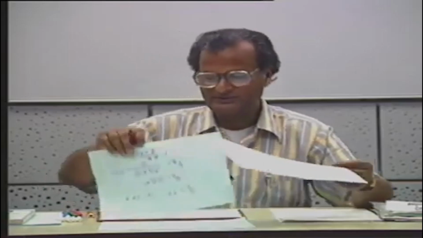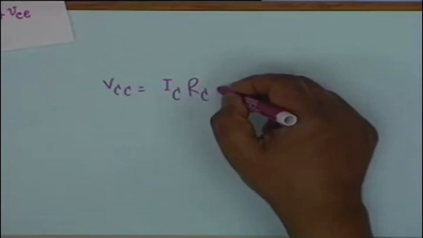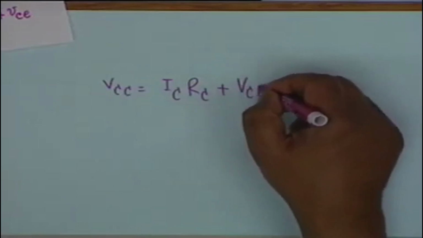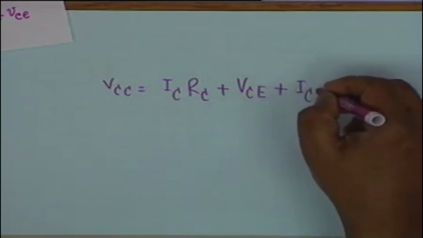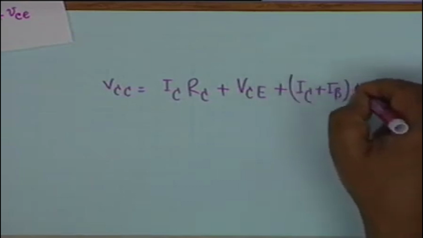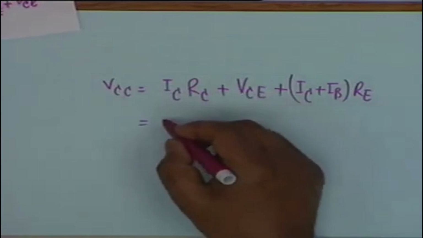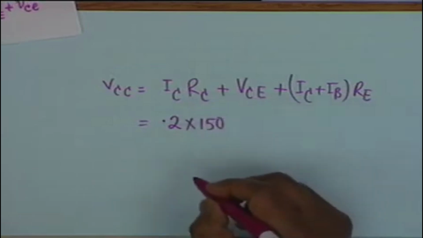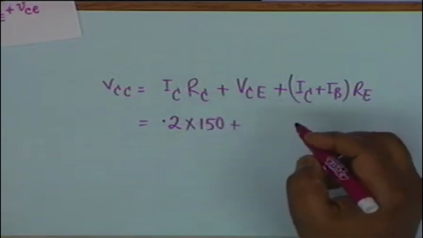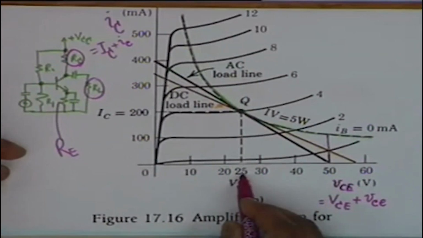If that doesn't appeal to you, if you prefer to calculate this, you do calculate. VCC shall be I sub C times R sub C plus VCE plus I sub C plus I sub B times RE. And you can see that I sub C is 0.2 ampere times R sub C, 150, plus VCE, how much is VCE? No, VCE is 25 volts.